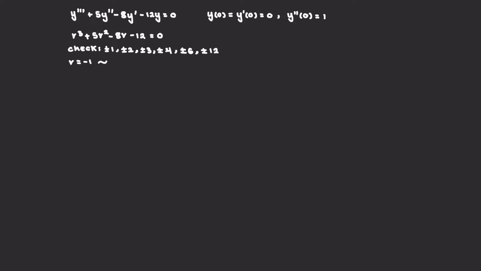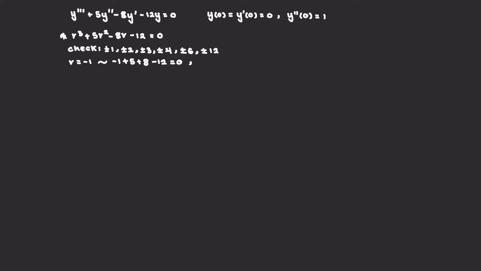So let's plug in negative 1 into our characteristic polynomial here. Negative 1 cubed is just negative 1, plus 5 times negative 1 squared is just plus 5, minus 8 times negative 1 is just plus 8, and then minus 12 equals 0.